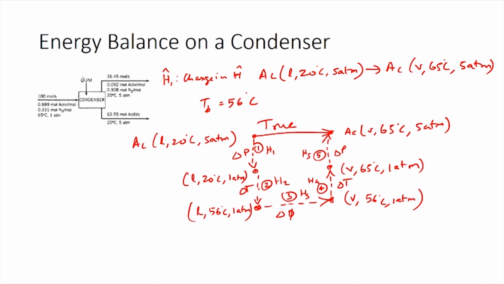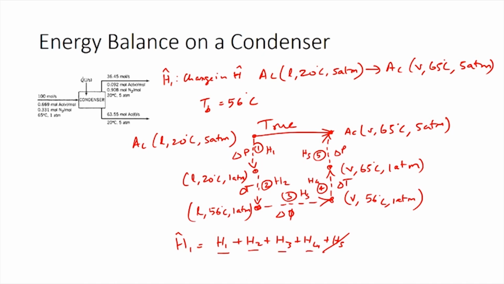So, the total enthalpy change, which is H1 cap, would be equal to the summation of these, H1 plus H2 plus H3 plus H4 plus H5. We already know that H5 will be 0 because it is a gas where there is a very small amount of pressure change. Assuming ideal gas behavior, this would not matter. So, the equation simplifies to the change in enthalpy for the 4 steps.